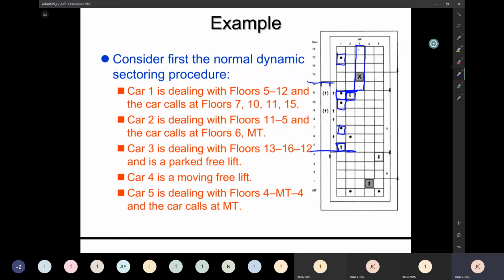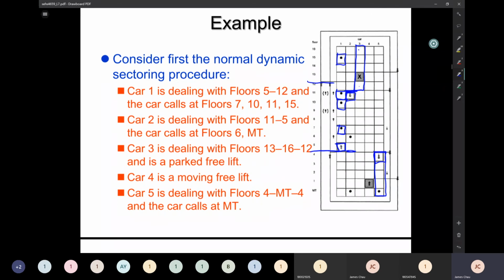Car 4 is assigned to become a free moving lift, and it is not assigned to any sector. And car number 5 is dealing with floor 4, then the main terminal, and then returns to floor 4. That means it is assigned to this sector. Now this is the normal dynamic sector, where at a particular instance we assign the lifts in this manner.